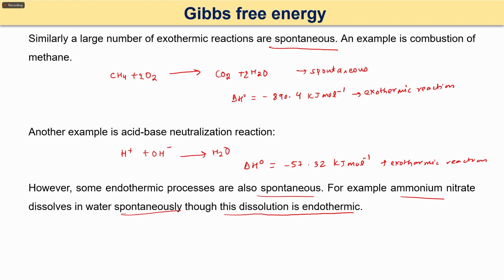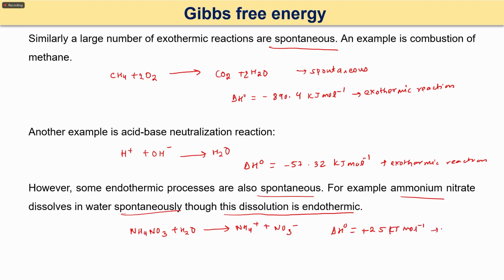So, what is the equation? Ammonium nitrate dissolves in water and forms these ions. This reaction is endothermic, that is delta H naught is 25 kilojoule per mole.